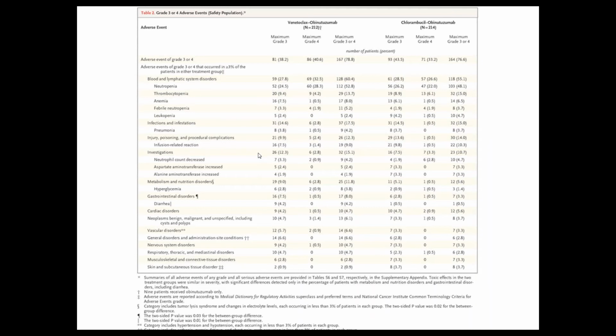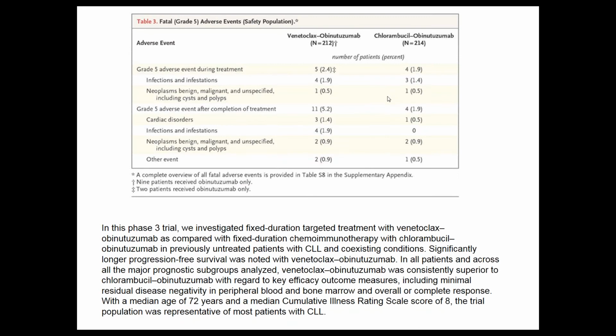And this treatment was pretty well tolerated, I think. You can look at the details on this table, but fatal grade 5 events, 5 in this group, 4 in that group, doesn't look too bad. And well, nothing's absolutely free. So there have to be some problems with this.